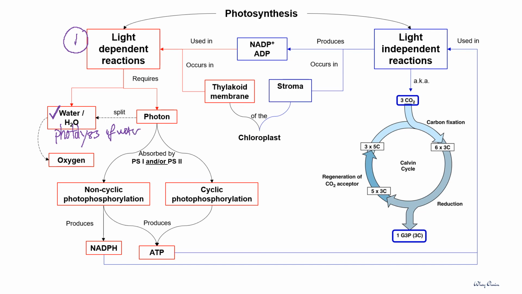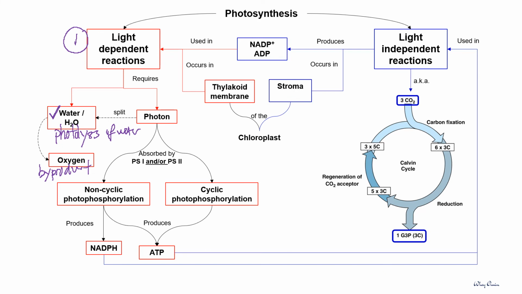So oxygen is actually the byproduct of the light-dependent reaction. The light-dependent reaction requires a photon, absorbed by photosystem 1 or photosystem 2, or by both photosystems at the same time, to perform different types of ATP synthesis.